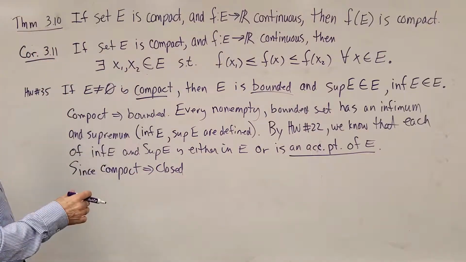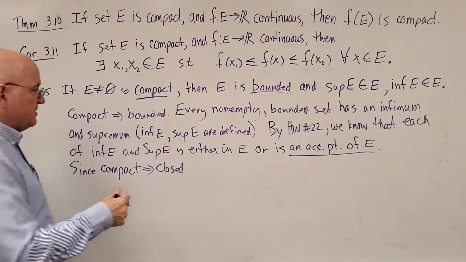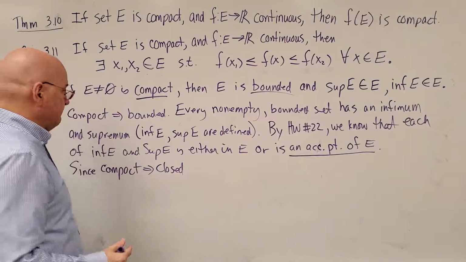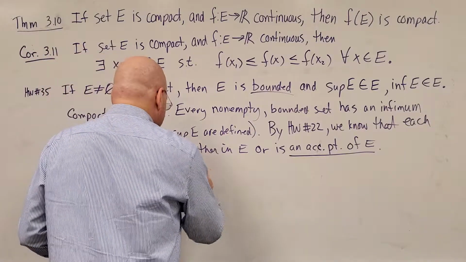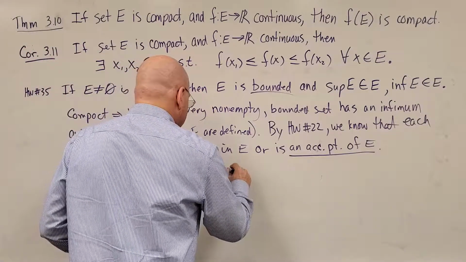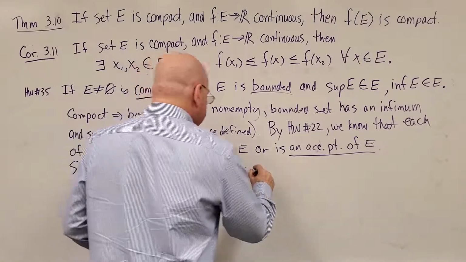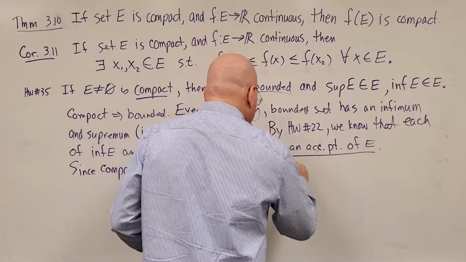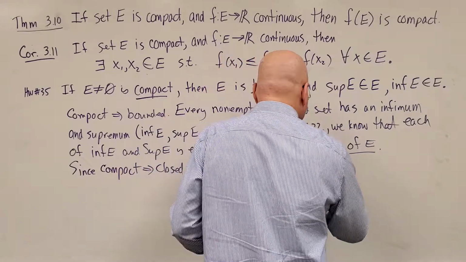Well, closed means all of the accumulation points of E are contained in E. E contains all of its accumulation points.